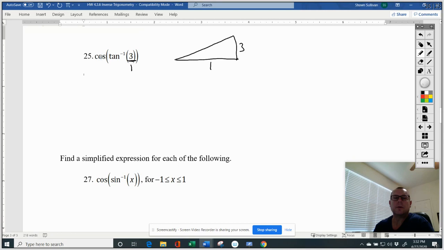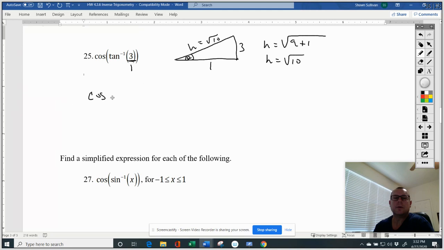If we're trying to find the cosine of this angle, theta, we need to figure out what the hypotenuse is. And so h is equal to the square root of 9 plus 1. Well, this was pretty nice. That's the square root of 10.